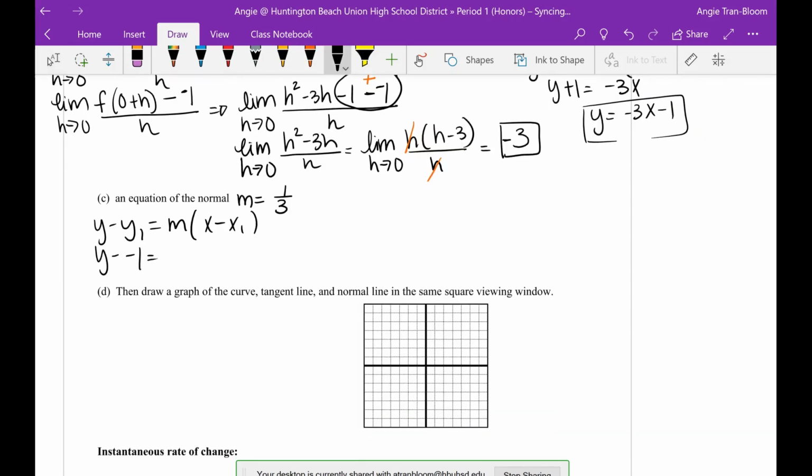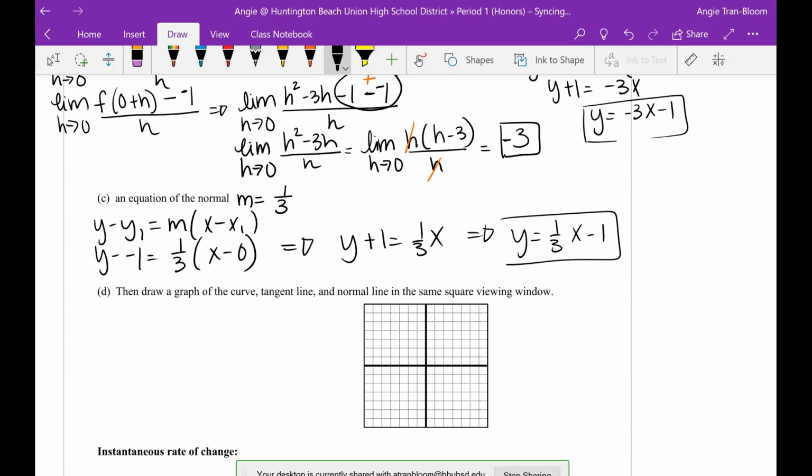The slope is now opposite and reciprocal. x minus 0. As you can see, y plus 1 equals 1/3 x. Move the 1 over: y equals 1/3 x minus 1. And that is the line that will be normal to the tangent, aka perpendicular.